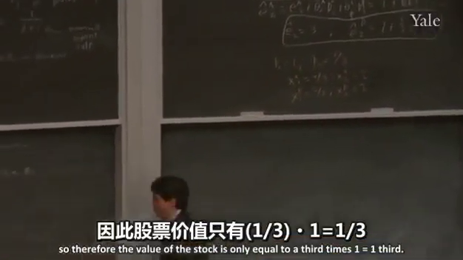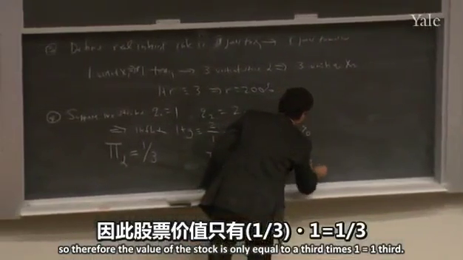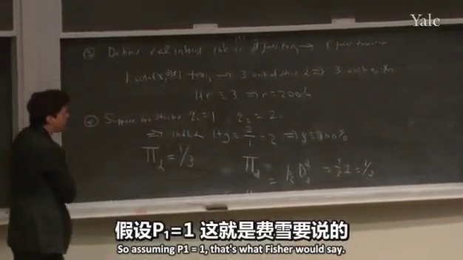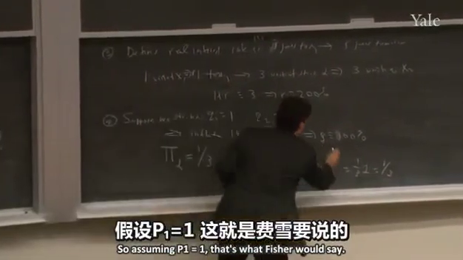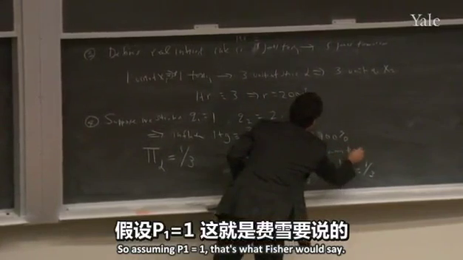So therefore, the value of the stock is only equal to a third times 1 equals 1/3, assuming P1 equals 1.